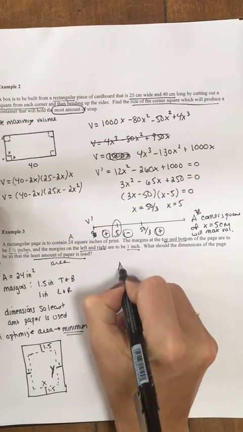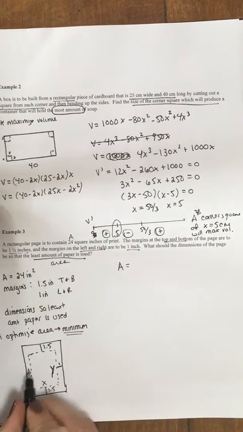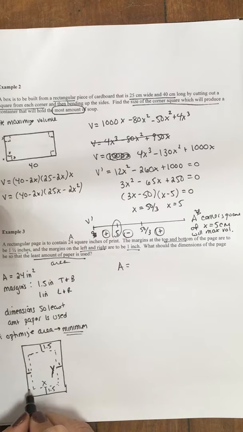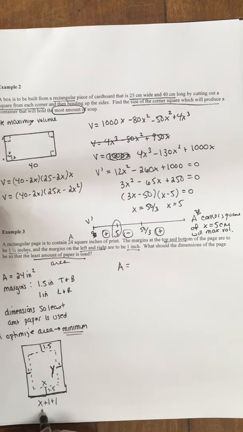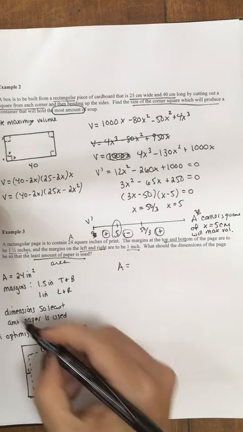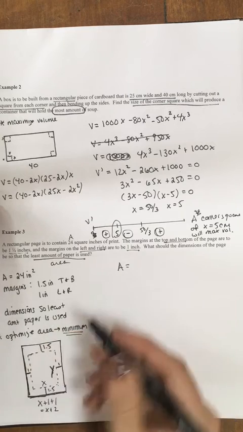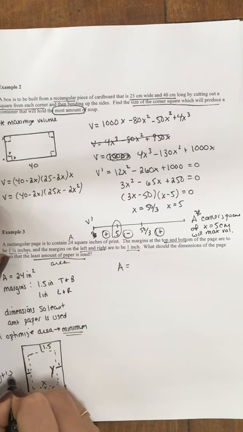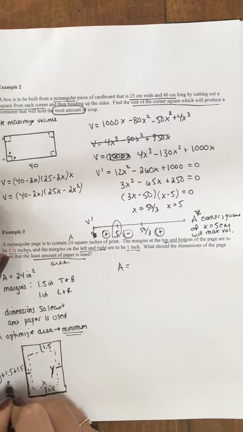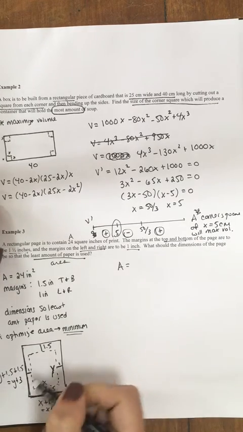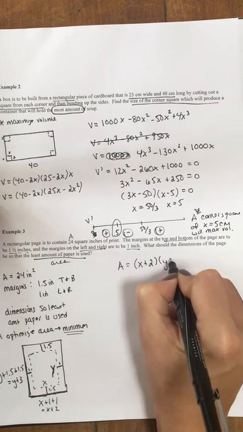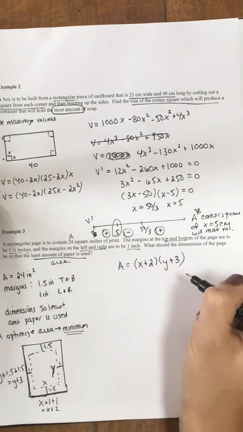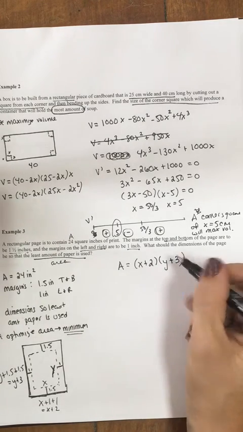So based on that, area equals, well, going horizontal, this length here is x plus 1 plus 1, or x plus 2. And vertically, that's y plus 1.5 plus 1.5, or y plus 3. So the area that we're trying to minimize is x plus 2 times y plus 3.